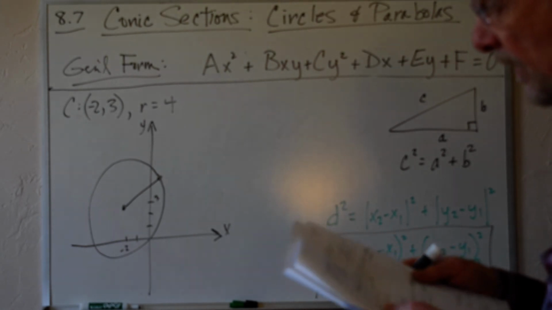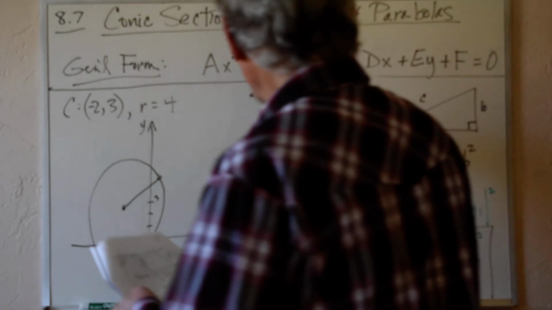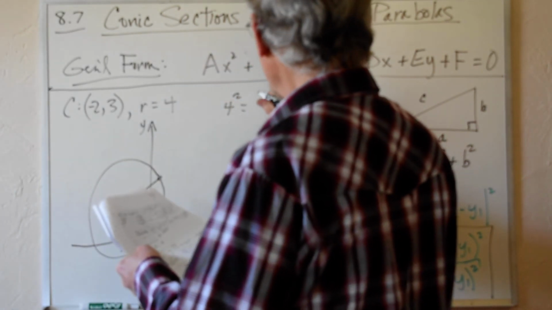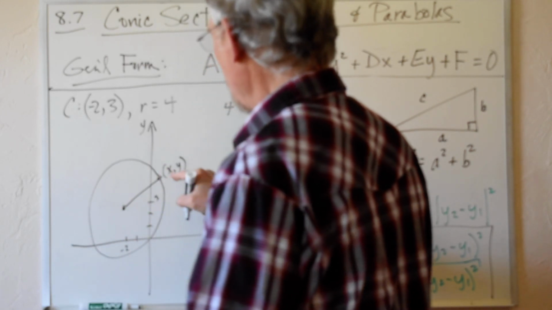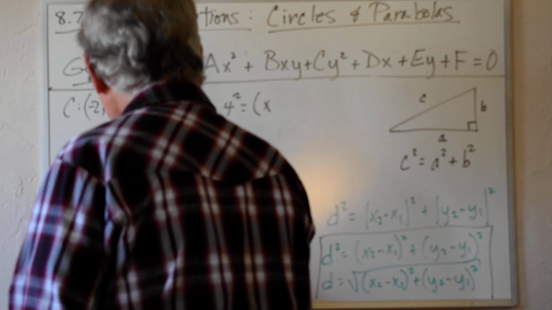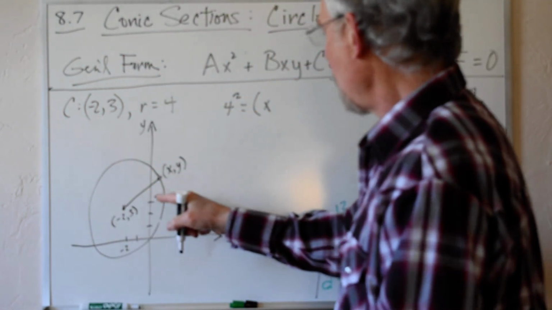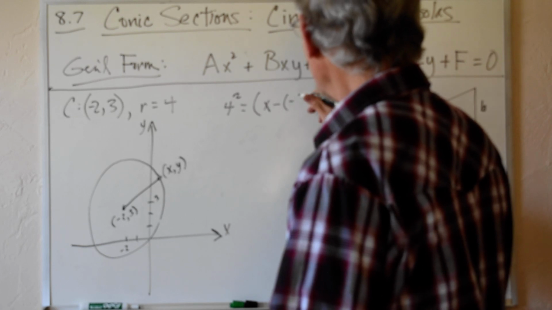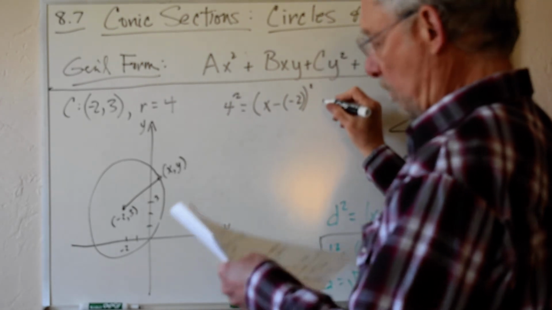So, what have we figured out? The radius squared is going to be equal to x, if we call this point x, y, this is any random point on the circle, and of course the center, as we said, is -2, 3. So that radius squared is going to be equal to any point minus its respective coordinates squared and summed up.